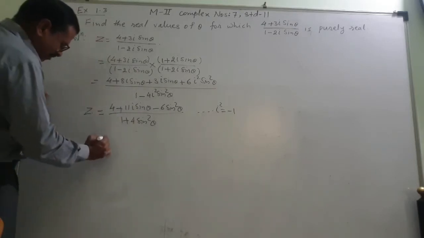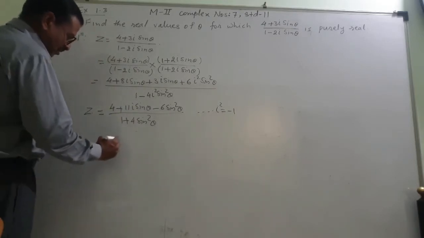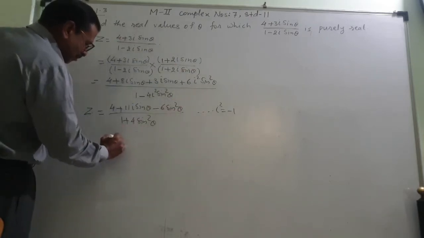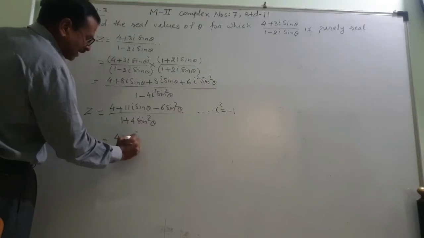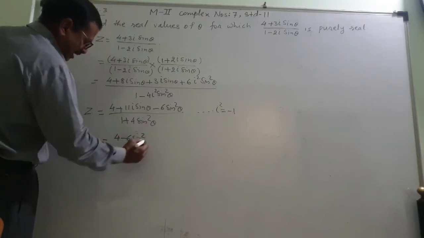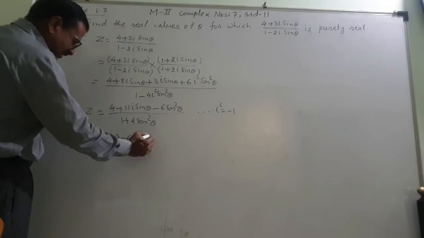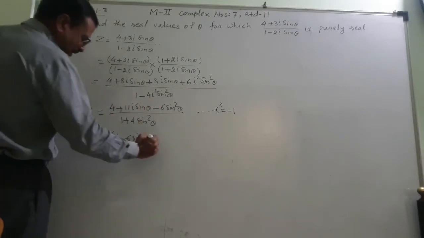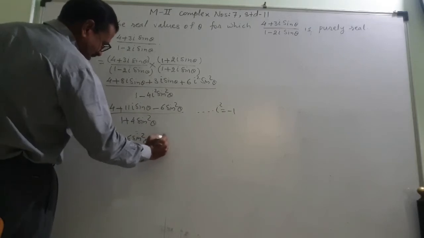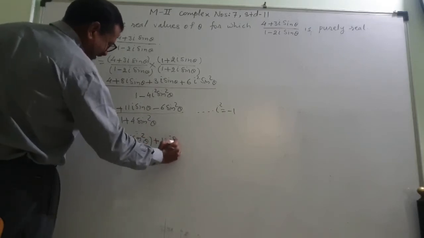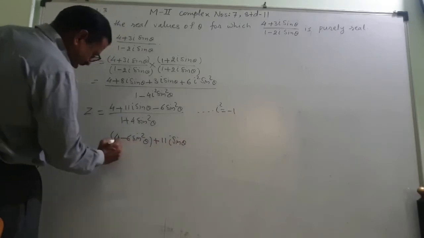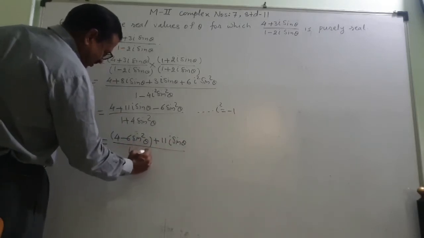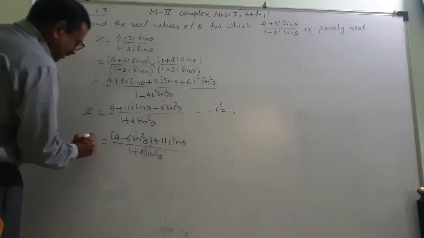So I will write the imaginary part at the back side. 4 minus 6 sin square theta is my real part because there is no i in these two terms, plus 11i sin theta upon 1 plus 4 sin square theta. This is our z.